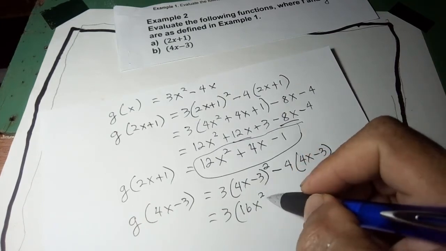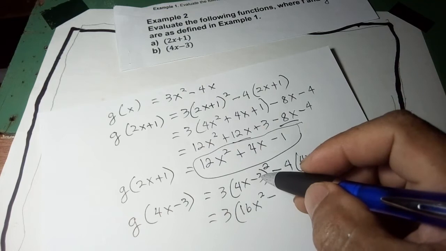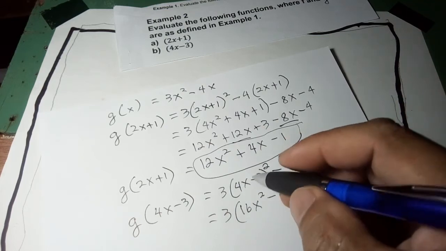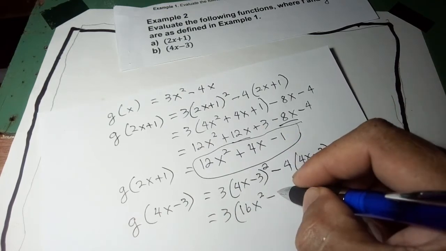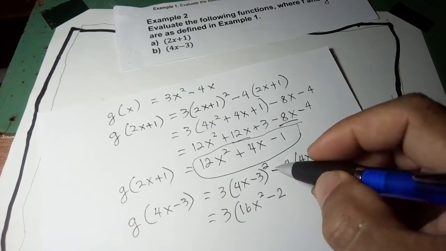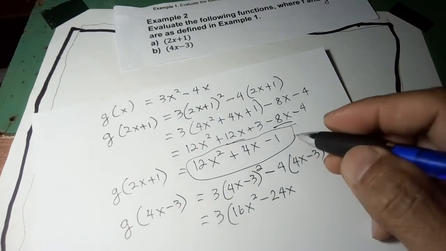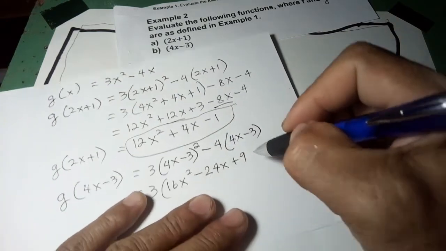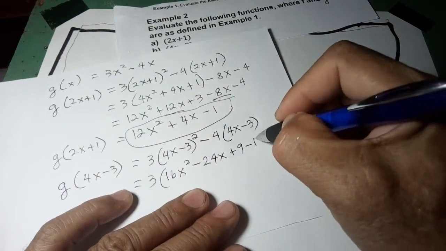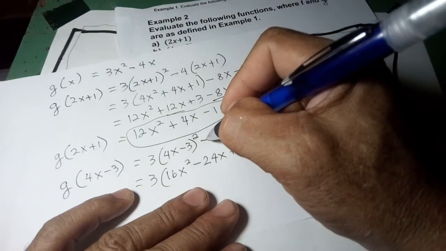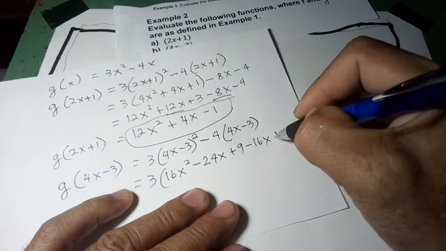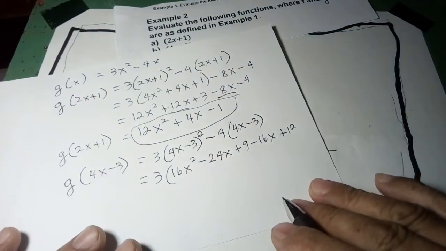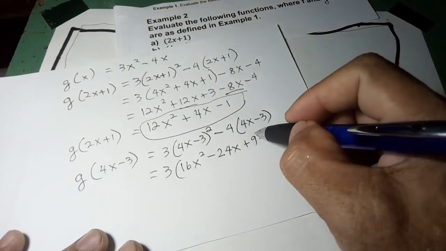Then this is negative, so negative 4 times 4x times 3 is 12x times 2, 24x, plus 3 squared is 9, minus 4 times 4x is 16x. Negative 4 times negative 3 is positive 12. Okay.